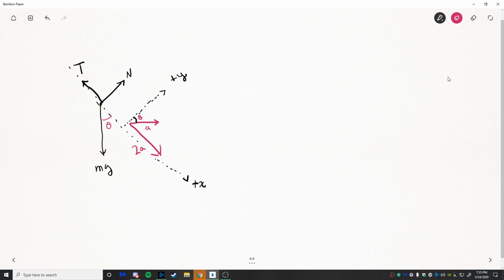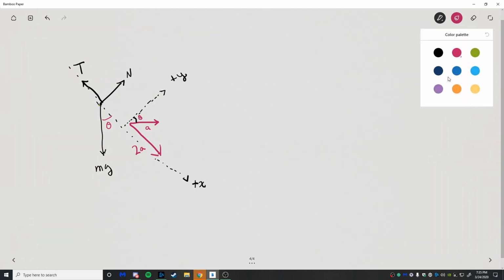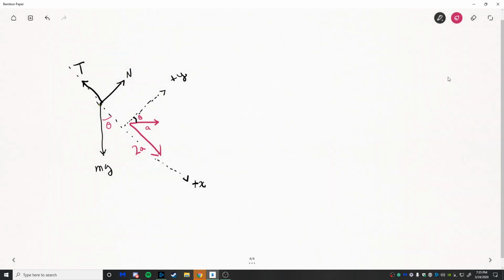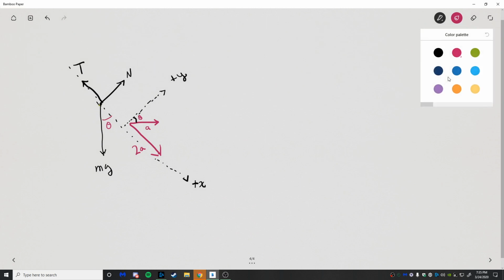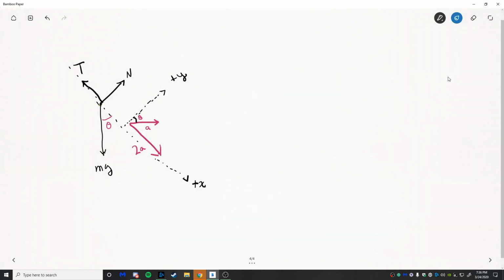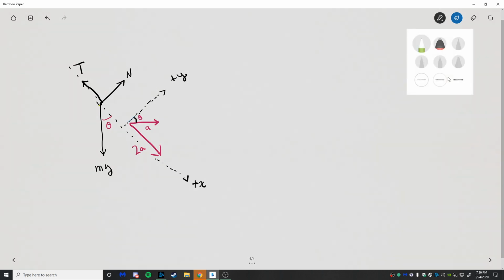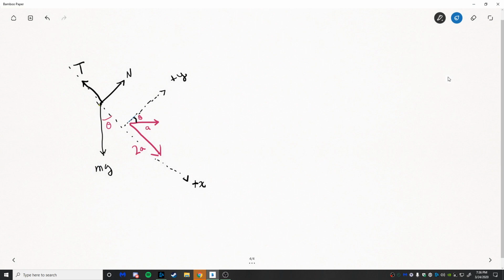And now what we want to do is break up this acceleration here into components, because we want to have an x component of acceleration and a y component of acceleration. So we'll do that with, let's say, blue, and say that we want to break up A into components that point this way. That's not thick enough. We need to go back to thicker. Okay. Components that go this way. That was a nice and straight line, first time ever.